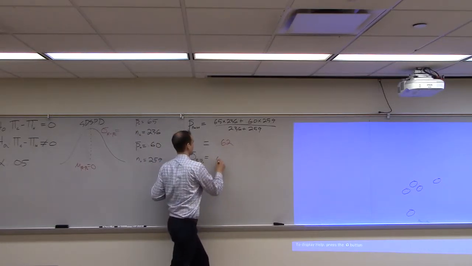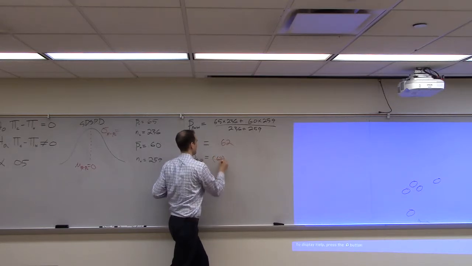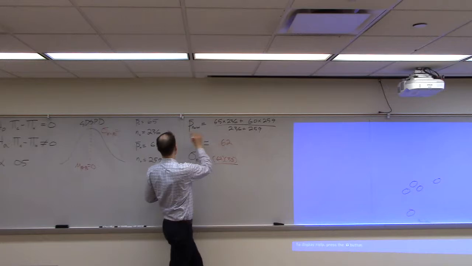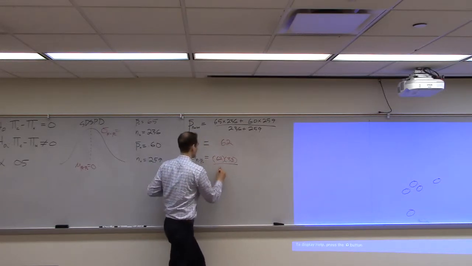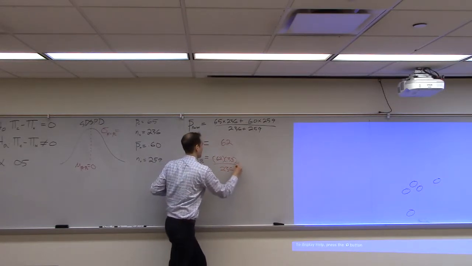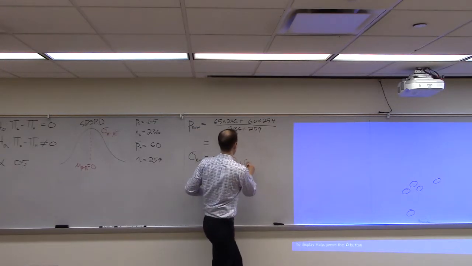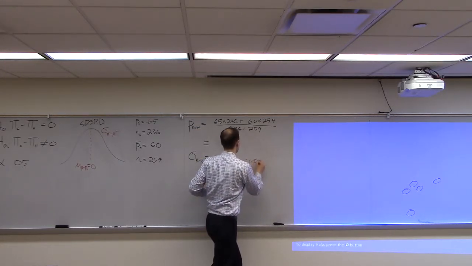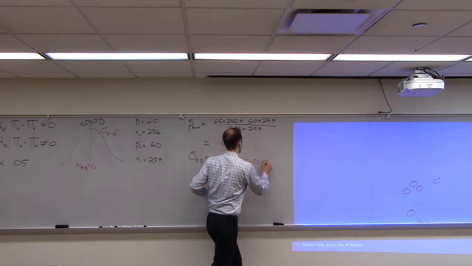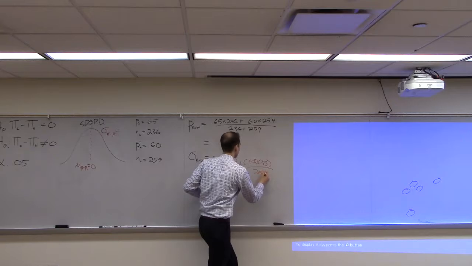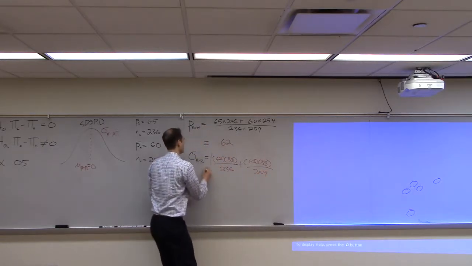So it's 0.62 times 0.38 divided by sample size 236 plus, we use that same pooled number, 0.62 times 0.38 divided by that sample size, 259, square root that whole mess.